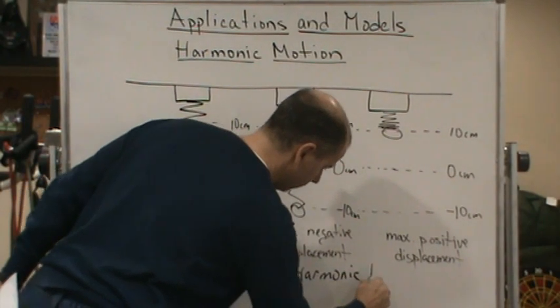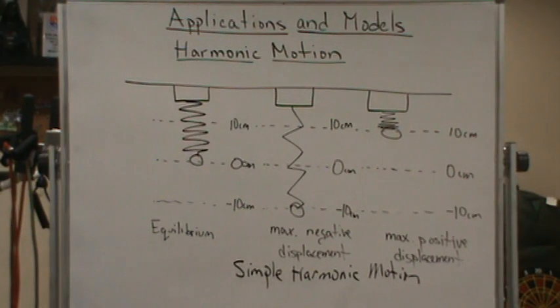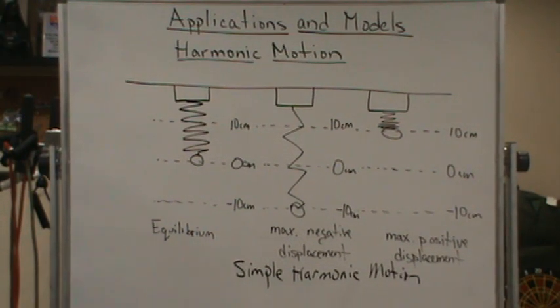That's what we're going to study, and we're going to give the definition in the next video, then do a couple of examples, and then go on to look at a different type of harmonic motion.